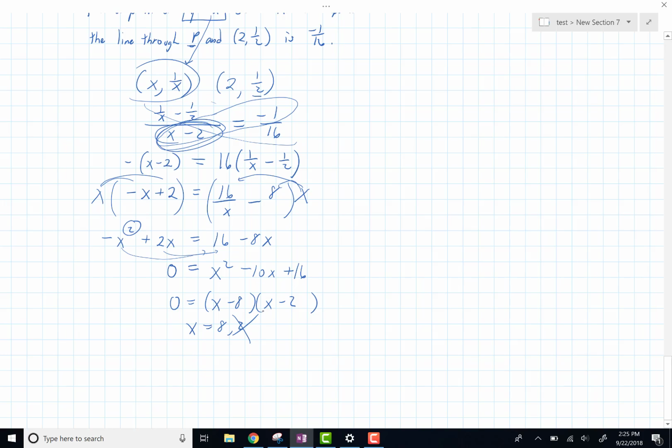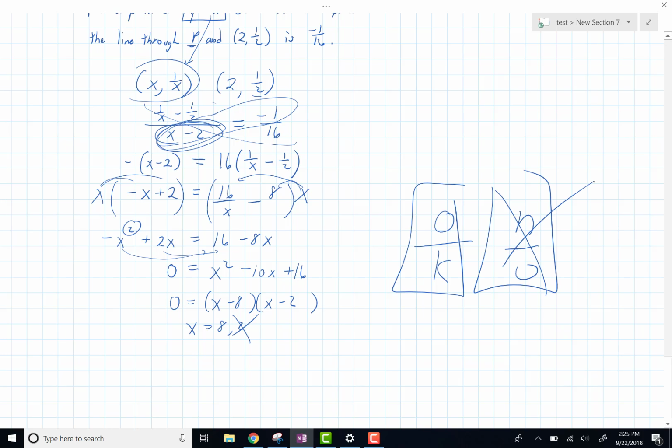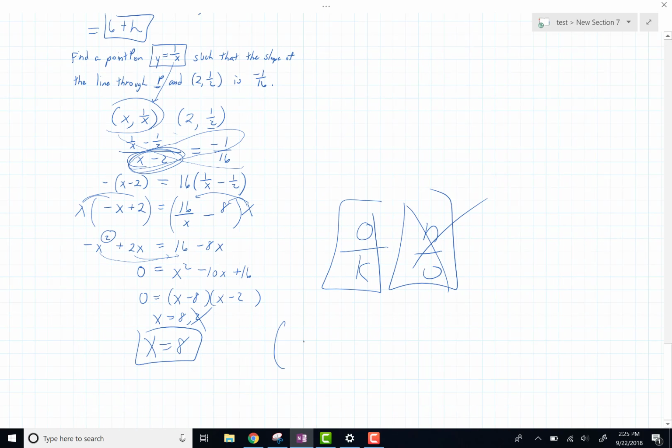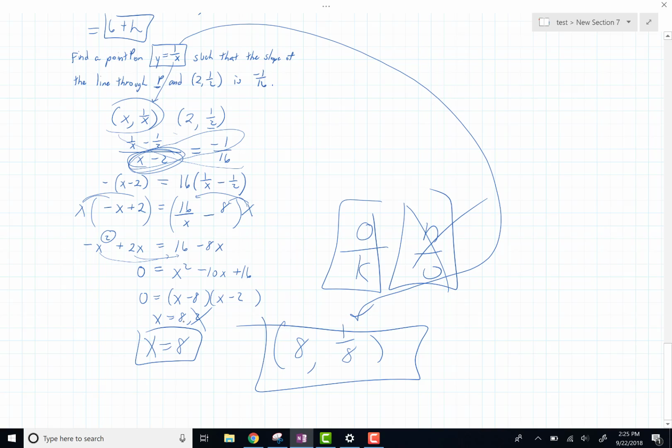So the 2's got to go, because it's okay to have a 0 on top, but it's not okay to have a 0 on bottom. So the 2's got to go, so x equals 8 is our answer, or the x part of our answer. And if you want the full ordered pair, when x is 8, the y is 1 over 8, because the y is 1 over x. And that should work.